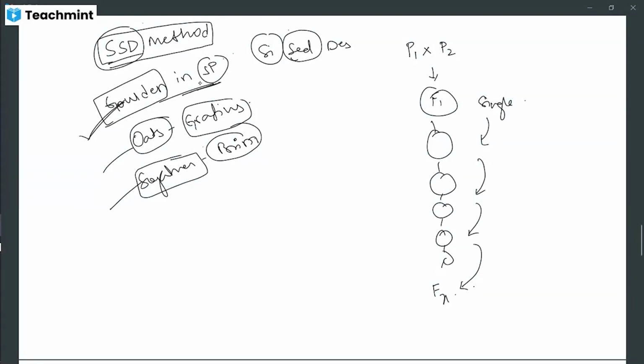Just to remember, the single seed descent method ultimately results in the formation of RILs. After getting into your masters, you will know what RILs mean. But up to now, just know that the single seed descent method leads to the formation of RILs. Can anyone say what RIL means?